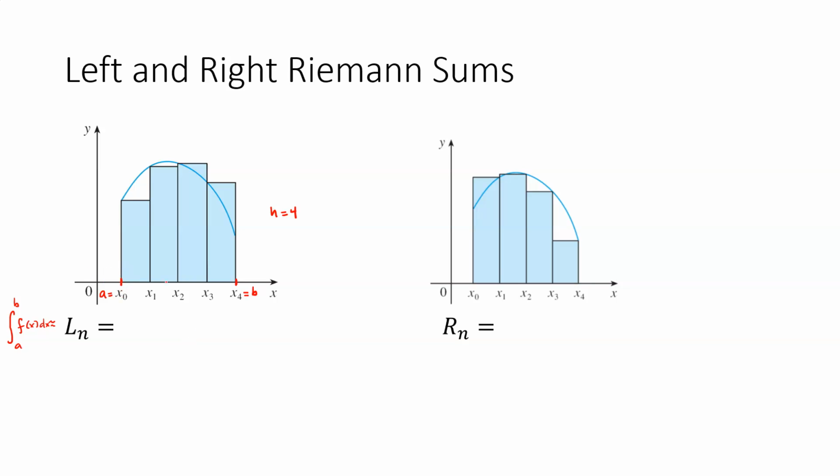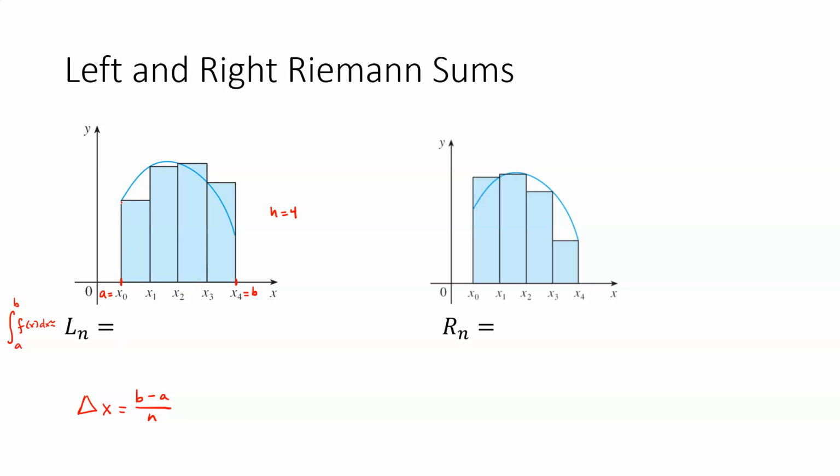So in this case, the width of each rectangle is delta x, and it would be given by the length of the interval, b minus a, divided by n. Okay, so that gives us n equally spaced subintervals. To get x0, the left endpoint, that would always occur at a, and then we add delta x to get to x1, the next subinterval, and so on.